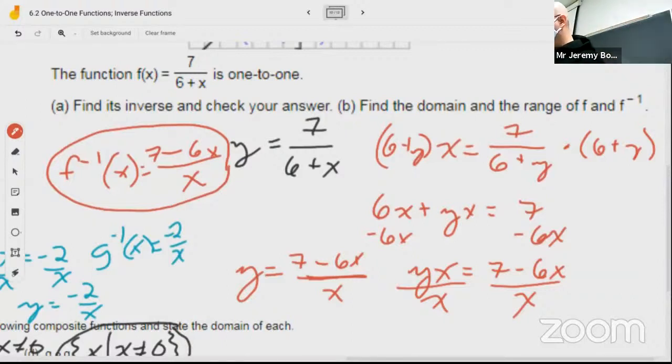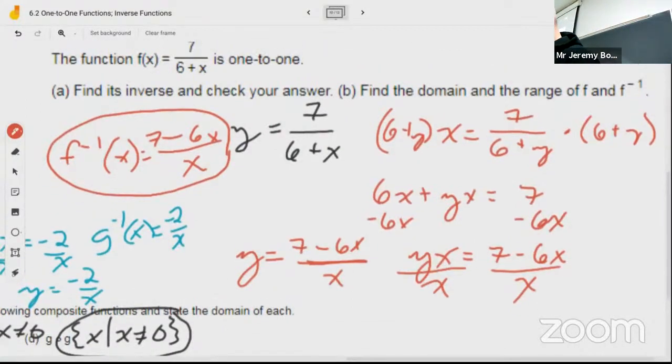So let's talk about domain and range then. The domain of f is going to be what? x cannot equal -6, because we got 6 plus x down there in the denominator.